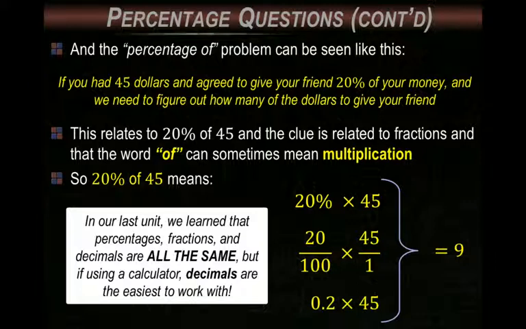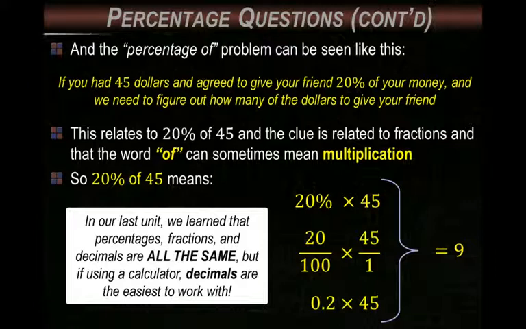Decimals, though, are easy to work with, because 0.2 times 45 gives you 9 bucks. But you needed to know that 0.2 is 20%. And you would have known that from the last unit we did where we converted decimals into percentages and percentages into decimals, into fractions, etc.